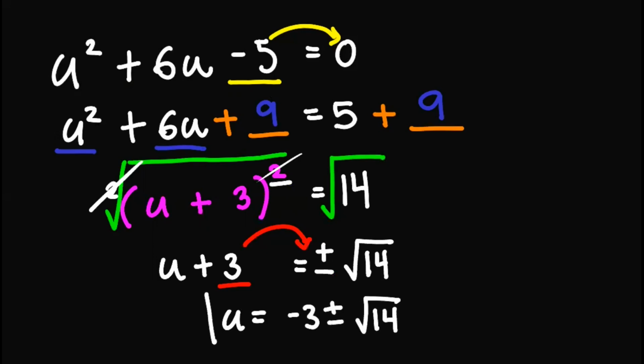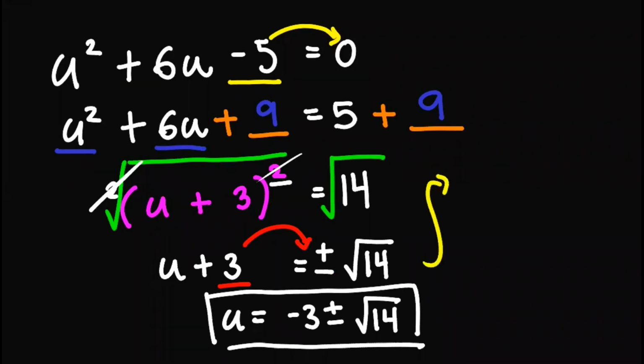And this one here is the answer. Note that this means that u is equal to -3 plus the square root of 14, or u is equal to -3 minus the square root of 14.